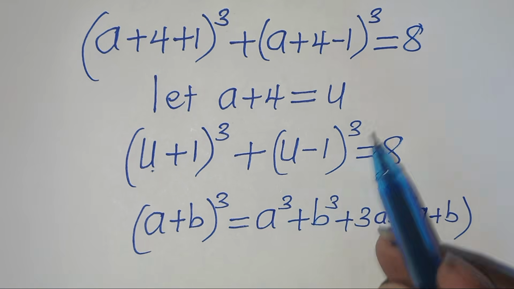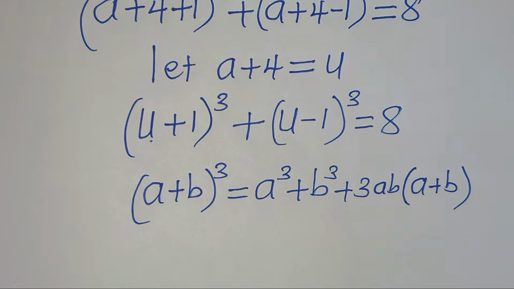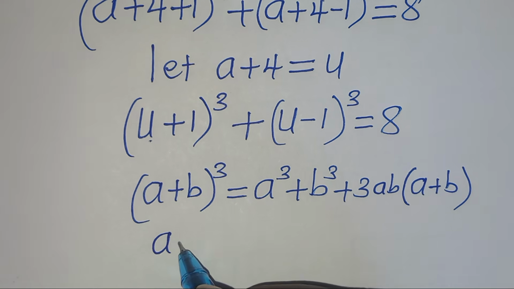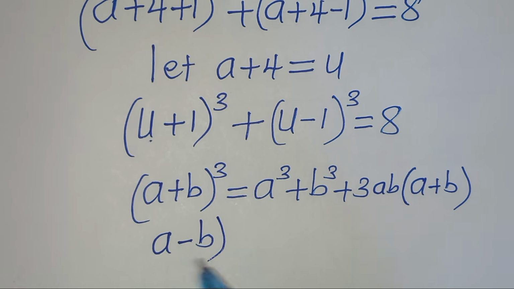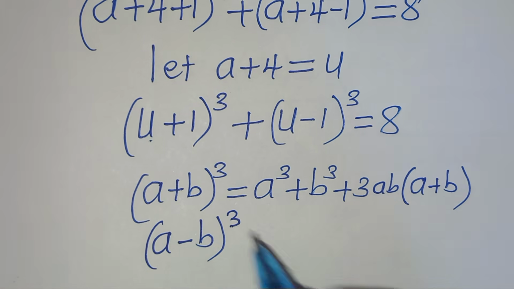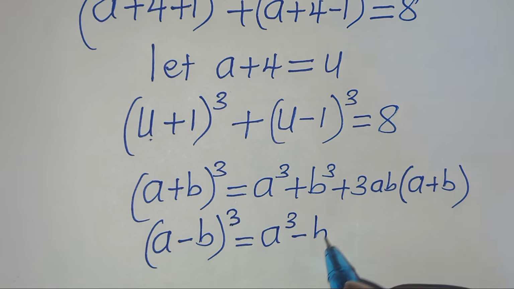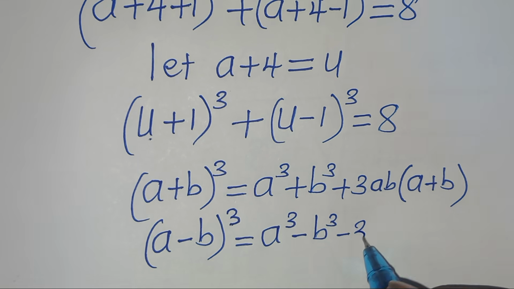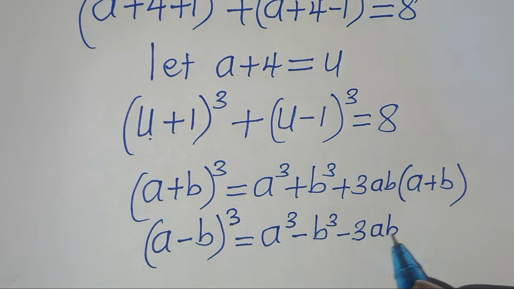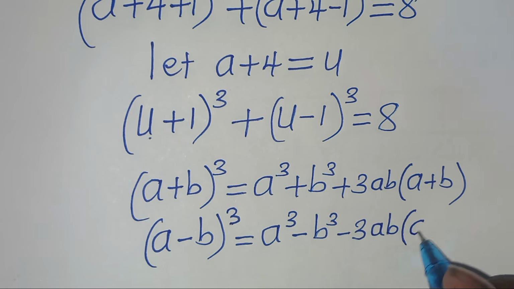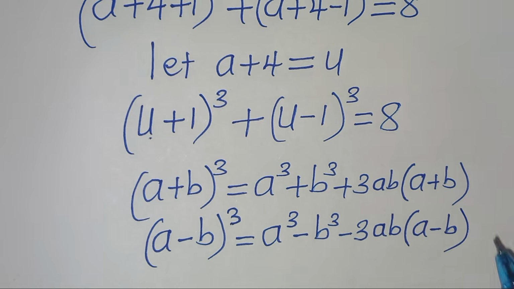Then (u minus 1) to the power of 3 is in the form of (a subtract b) raised to the power of 3, which we can express as a to the power of 3 subtract b to the power of 3 subtract 3 multiplied by ab into the parentheses, a subtract b.